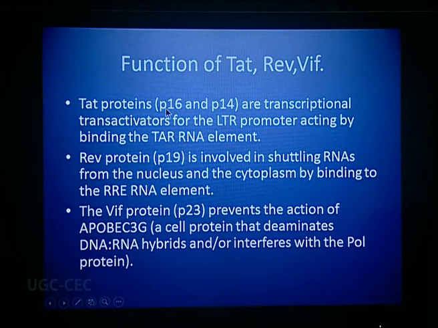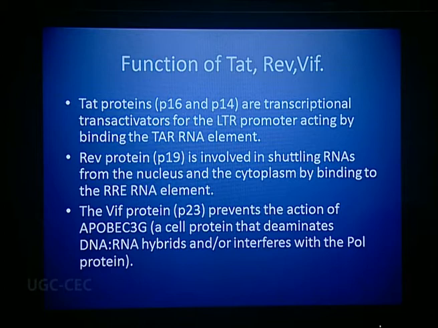And coming to the minor proteins, the TAT protein, commonly known as P16 and P14, is a transcriptional transactivator for the LTR promoter, and it acts by binding with the TAR RNA. The REF protein or P19 is involved in the on and off movement of the RNA between the nucleus and the cytoplasm.